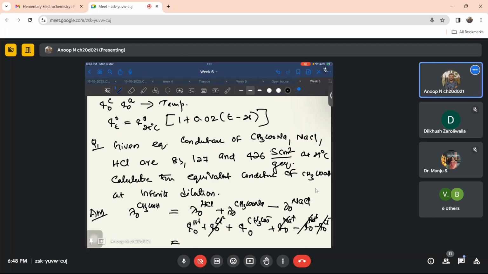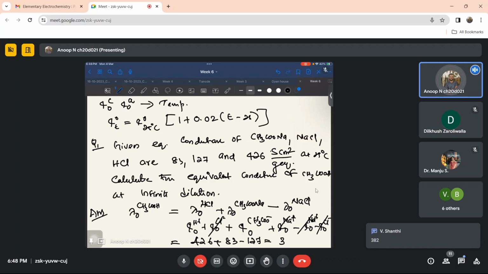So how can I write? It can be written as 426 plus 83 minus 127. What's the answer? What's the equivalent conductance at infinite dilution for acetic acid? So it's coming 382.